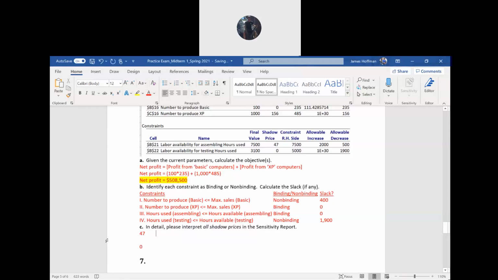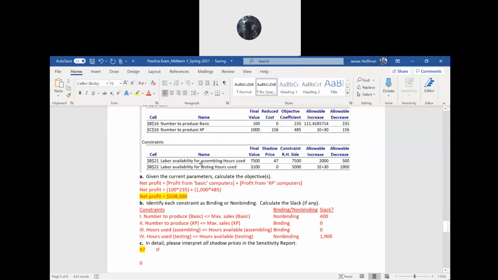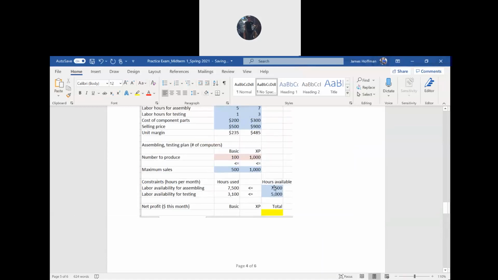Okay, so the 47 is the shadow price for assembling hours. Okay, so see how this is the labor available for assembling, and it shows you that we had 7,500 and we used all 7,500. Right, that should be familiar from here.